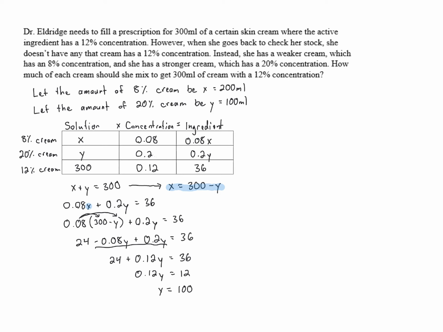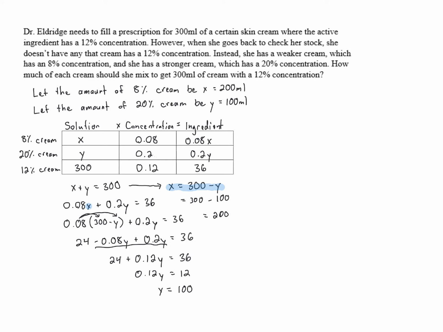The other way you can see that is by taking y equals 100 and plugging it into this equation right here. X is going to be 300 minus y, which is 100, and 300 minus 100 is 200. So that's another way to get the value of x.